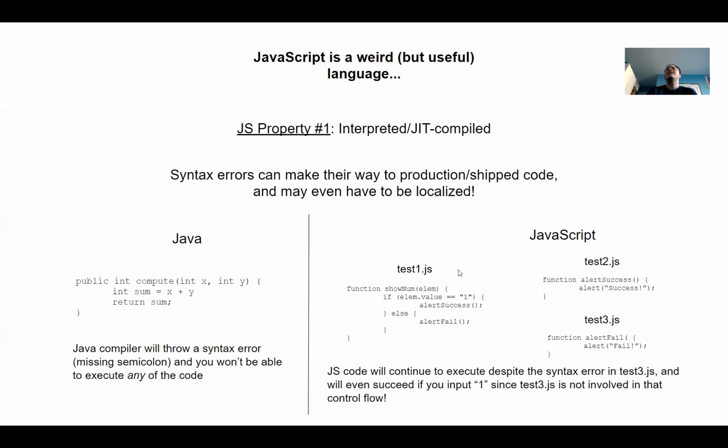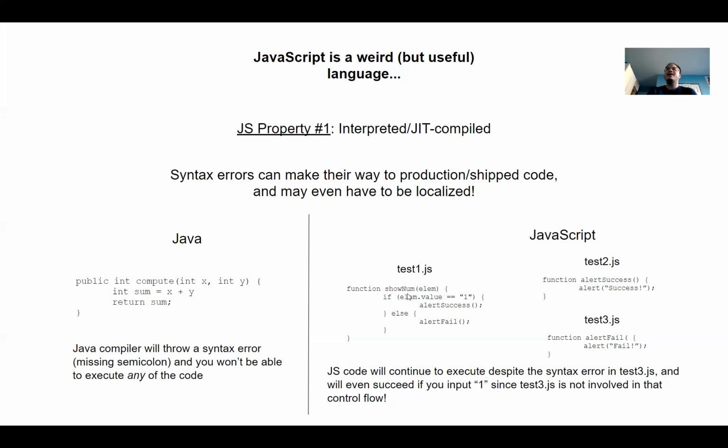Whereas for JavaScript or web applications in general, let's say that you have these three different functions implemented in three different files. You have show num, which calls both alert success and alert fail. Now the problem here is that there's a syntax error in test3.js because you're missing a closing parenthesis at the end of the function definition.